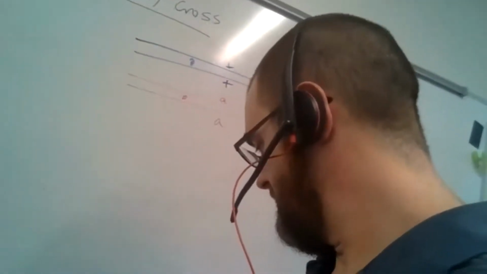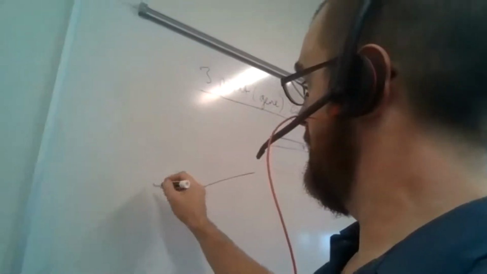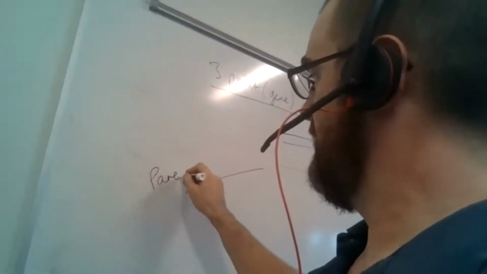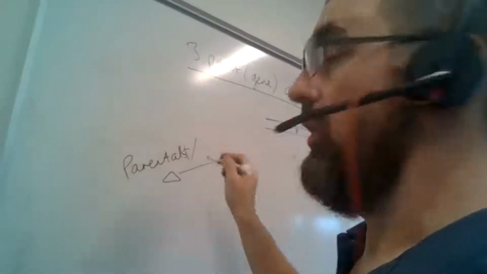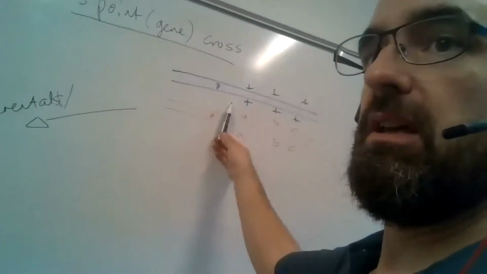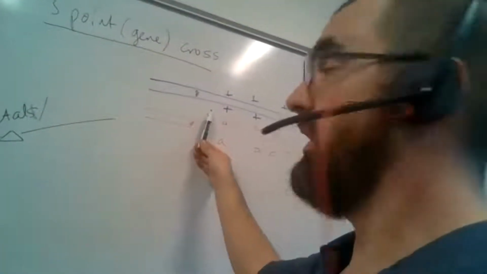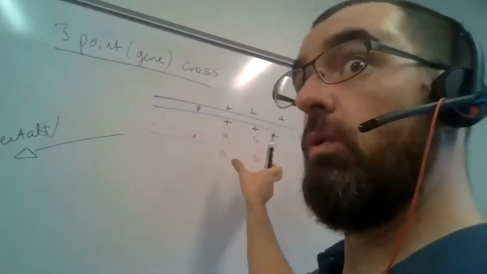So you'll get 1, which will be parentals, or if recombination occurs, say here, and not between these, because these are close enough that it doesn't always occur.